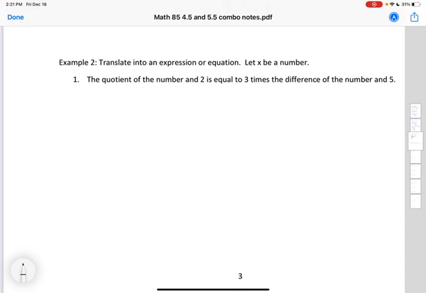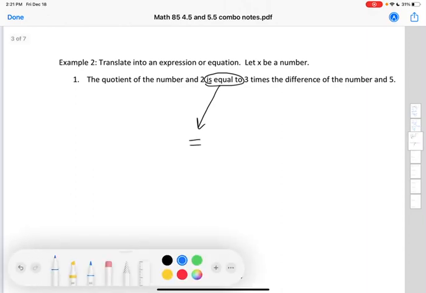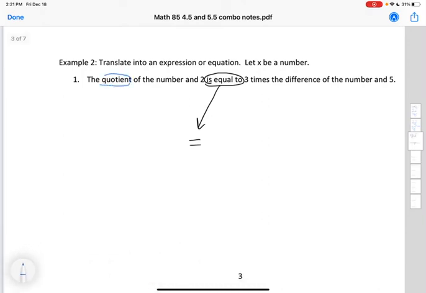Okay, so I like to use a lot of different colors here, and I just have to break it apart. So I'm going to start here. This is equal to, I definitely know what that means. That means equals, right? Now, let's just take this one step at a time here. So the quotient, what does that mean? Quotient means divide, or it means fraction, right?